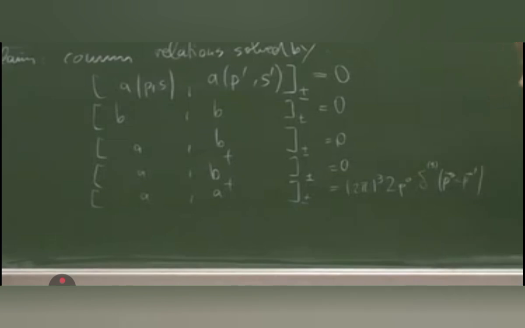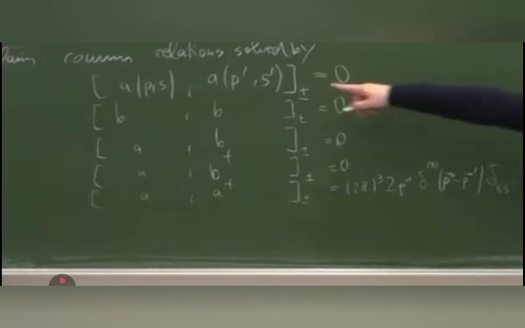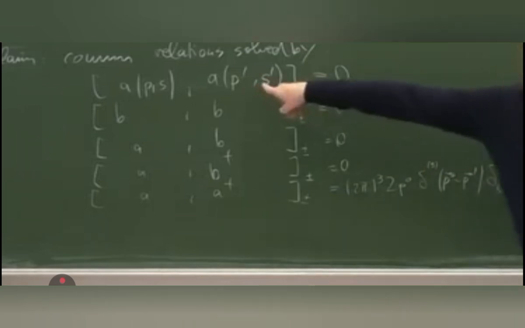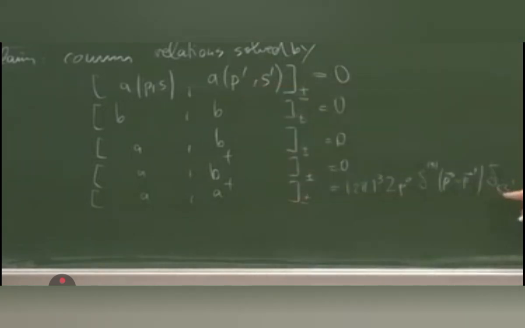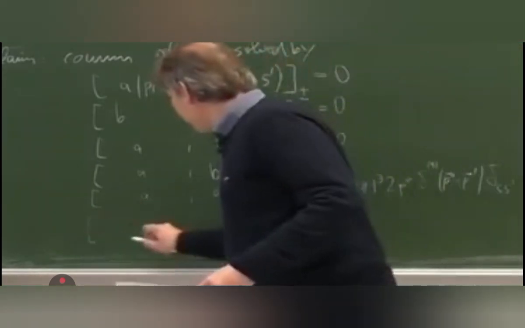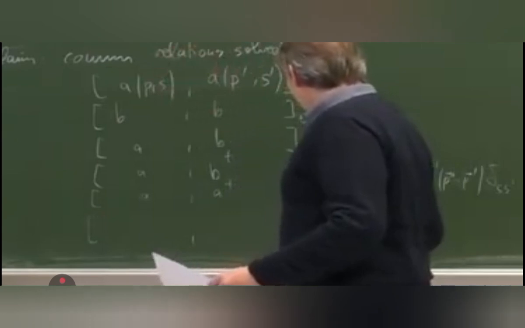But now we have in addition Kronecker delta ss prime, because for each P we have 2 operators, and they also commute with this Kronecker delta. And similarly for B, but not identically.